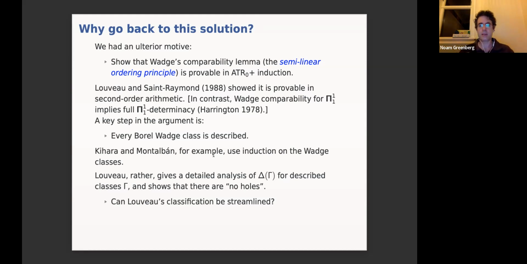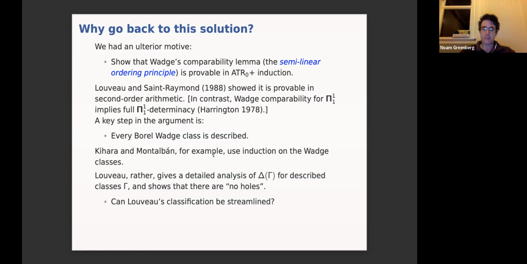So there's something special going on in Borel, and we wanted to understand just how it works. The reason we want to go back to Louveau's solution is that something like that is actually required in any proof of Borel-Wadge comparability that avoids determinacy.